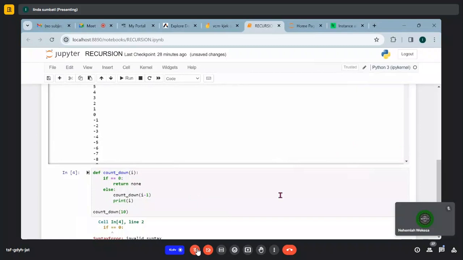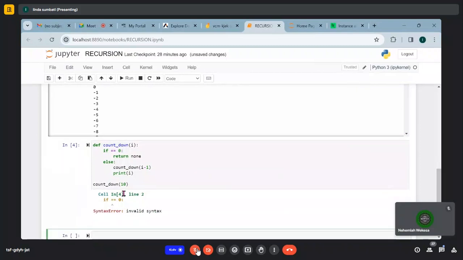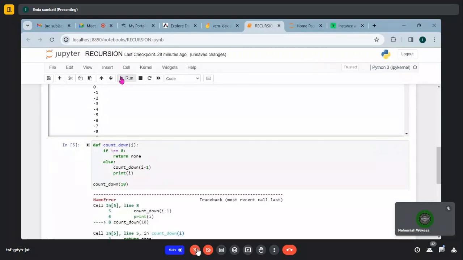We have a syntax error at if is equals to 0. What do you mean by if? If i. I think if something is equals to 0, yeah, exactly. Thank you.